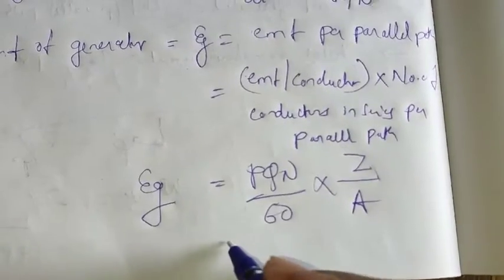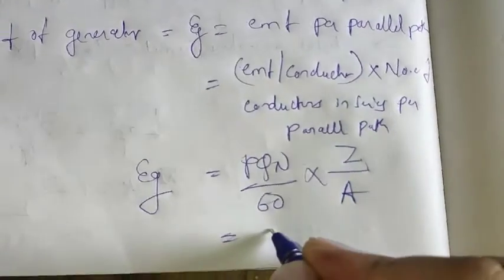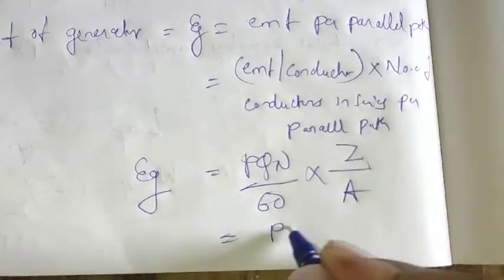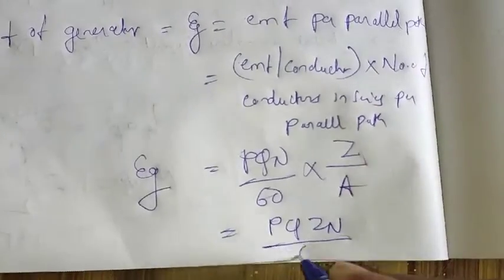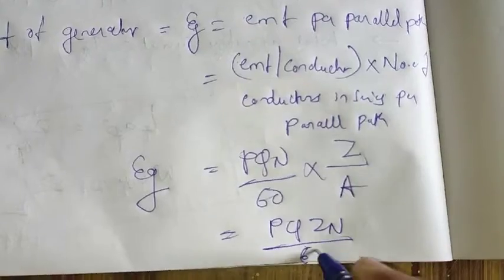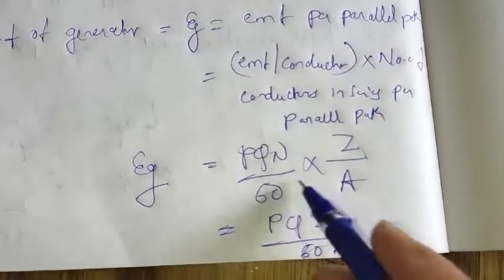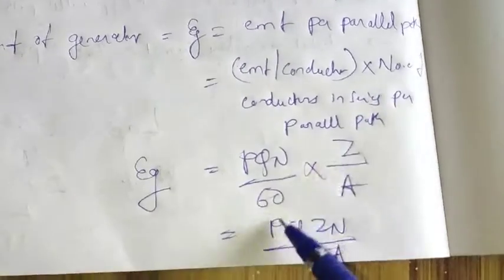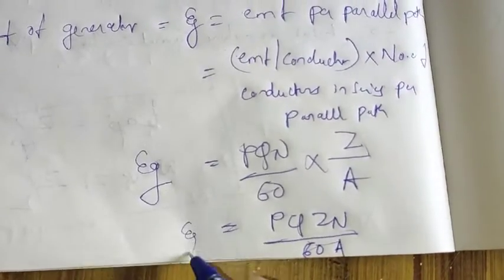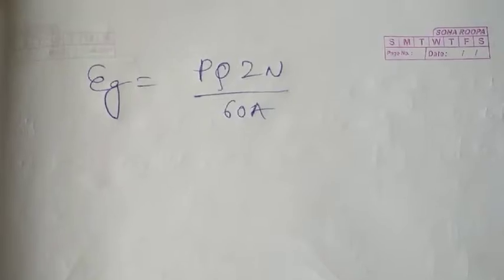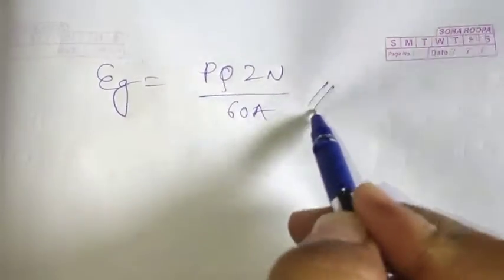Simply, I can write the same thing as P phi Z N by 60 A. Same equation, P phi N Z or P phi Z N by 60 A. That is the total EMF of the generator. So this is the equation we got.